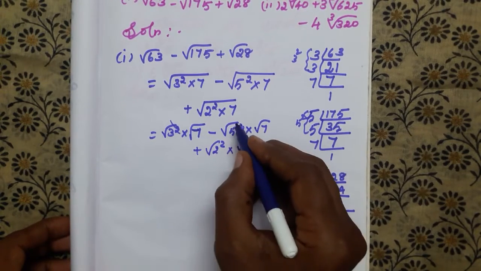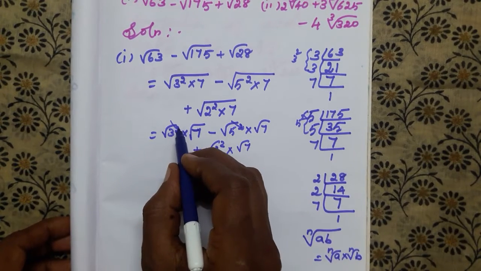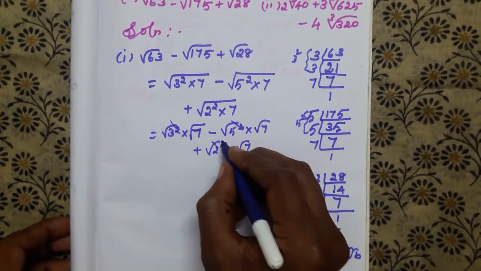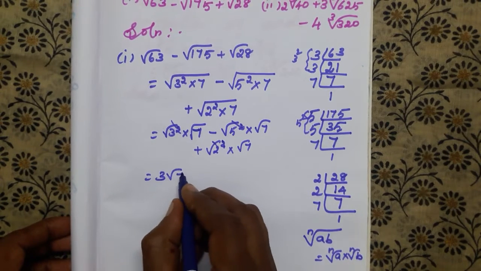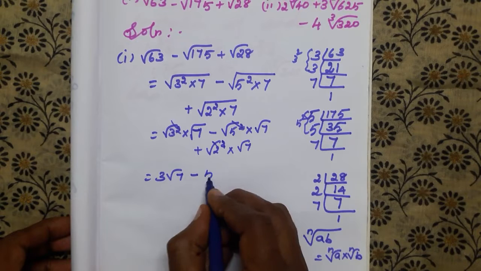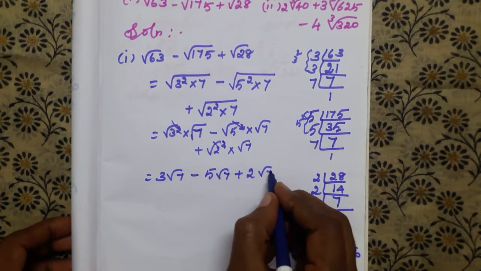It's equal to 3 root 7, 5 root 7. Here order as well as power are the same. So 3 root 7 minus 5 root 7 plus 2 root 7.